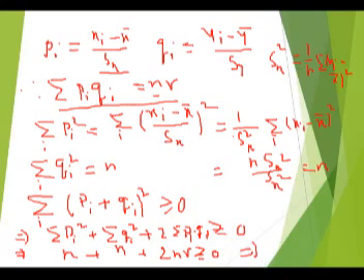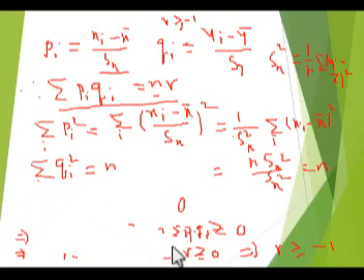So r is greater than or equal to minus 1. So r must be greater than or equal to minus 1. It cannot be less than minus 1. It is always greater than minus 1 or equal to minus 1. One proof we have already done.